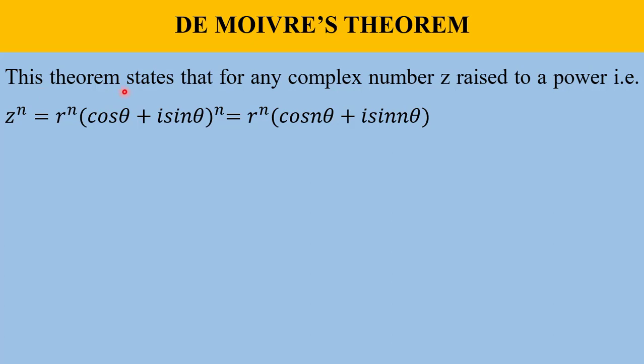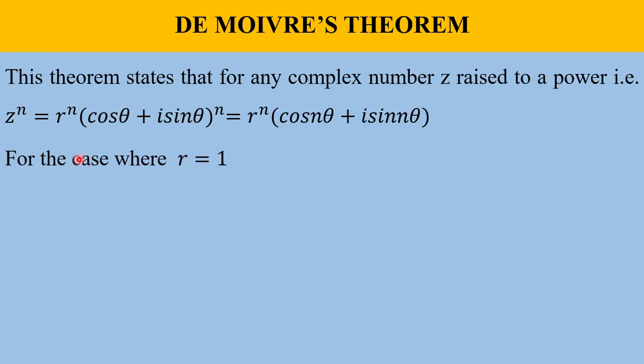This theorem states that for any complex number z raised to a power, that is to say, z power n is equal to r power n into (cos theta plus i sin theta) power n, which is equal to r power n into (cos n theta plus i sin n theta).